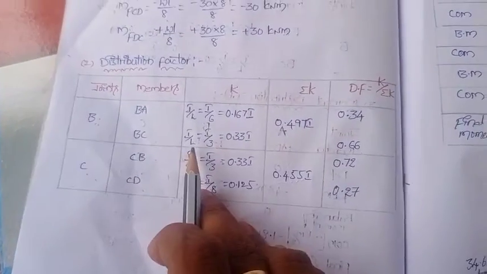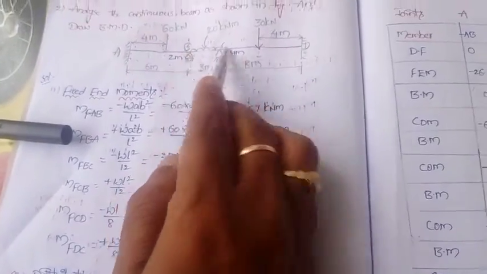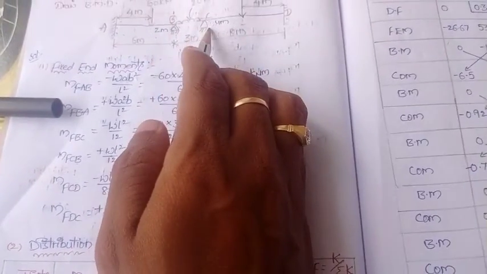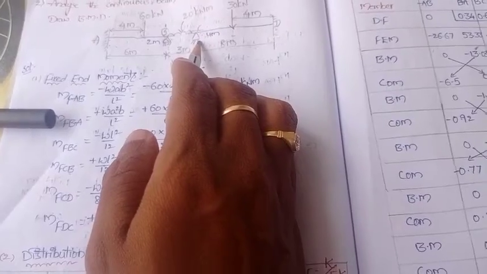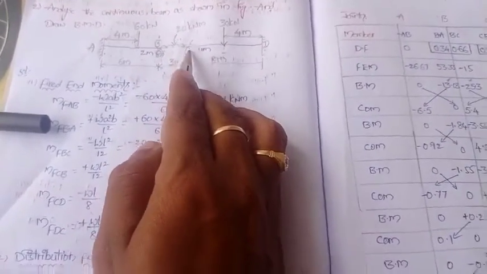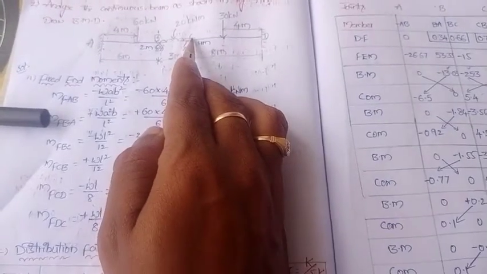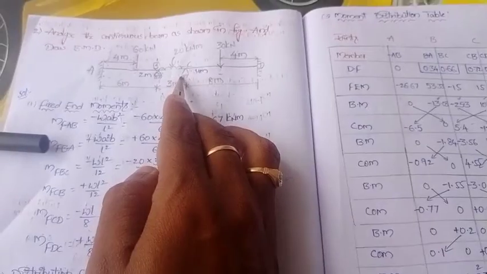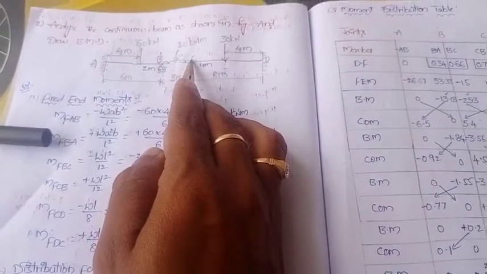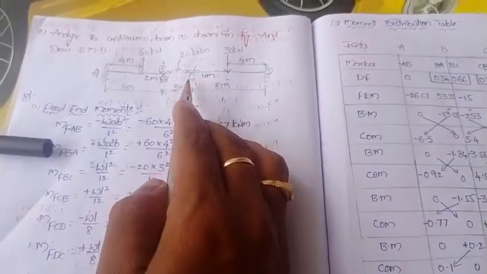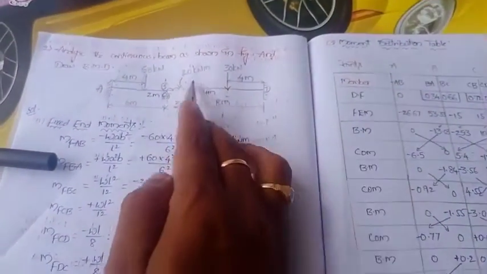And for the BC span, so B to C. Here support B is hinged and support C is also hinged. But B to C, the far end is C. C is not the end support of the beam; C is an intermediate support.